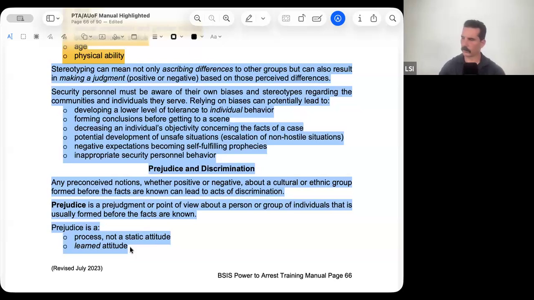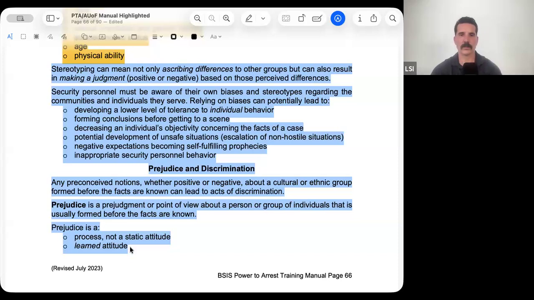Security personnel must be aware of their own biases and stereotypes regarding the communities and individuals they serve. Relying on biases can potentially lead to developing a lower level of tolerance to individual behavior, forming conclusions before getting to a scene, decreasing an individual's objectivity concerning the facts of a case, potential development of unsafe situations, escalation of non-hostile situations, negative expectations becoming self-fulfilling prophecies, inappropriate security personnel behavior, prejudice and discrimination.